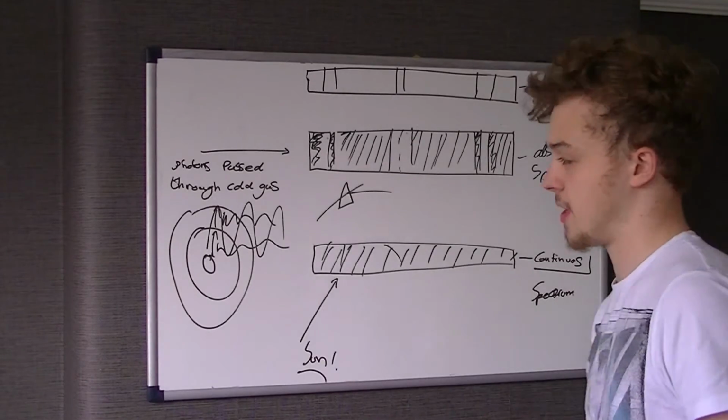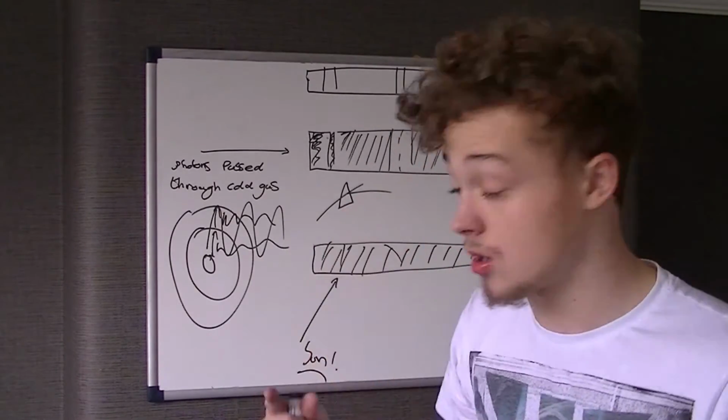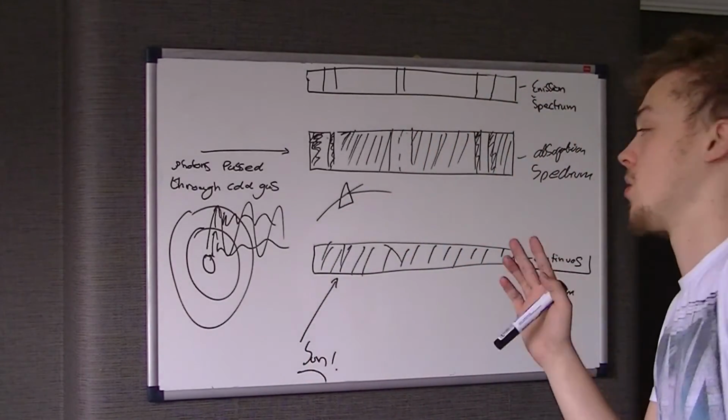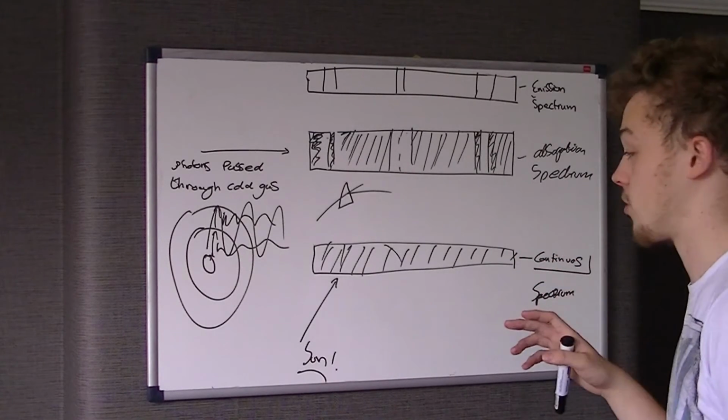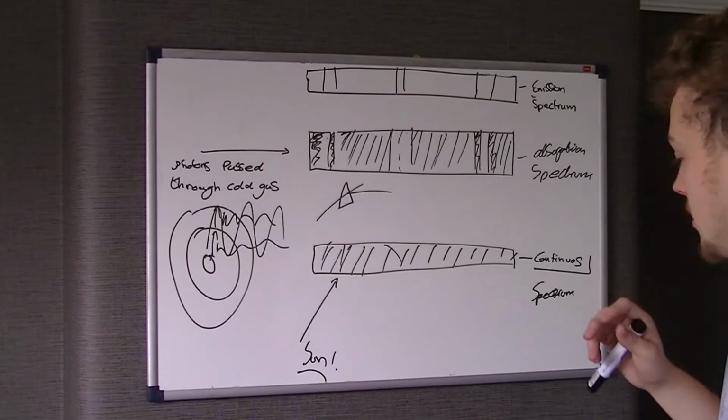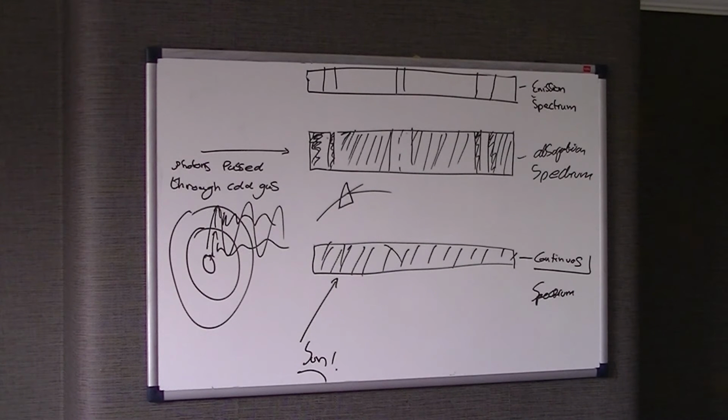Whereas the absorption spectrum goes through the hot gas, then through the cold gas, and then the continuous spectrum just goes through the prism. As I said, there will be a good picture online. So hopefully that makes some kind of sense.